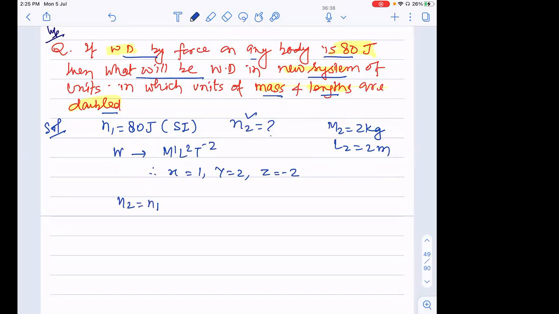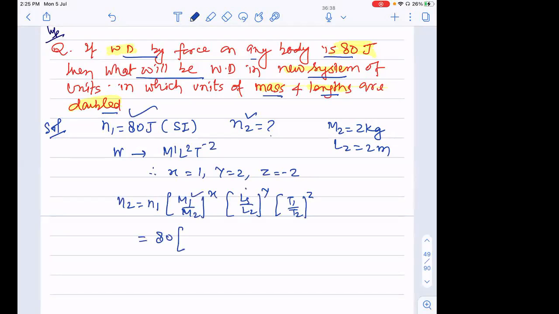N2 equal to N1, M1 by M2 to the power X, L1 by L2 to the power Y, T1 by T2 to the power Z. Okay, so putting the values now, N1 is 80, put it here.